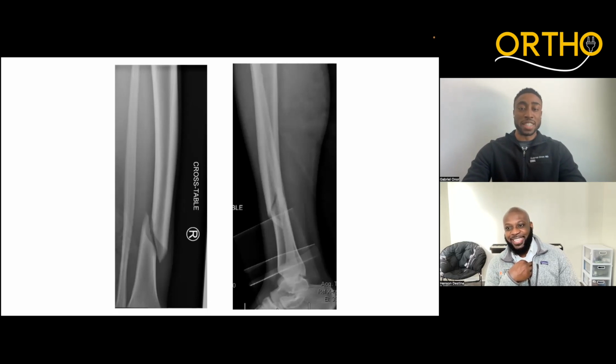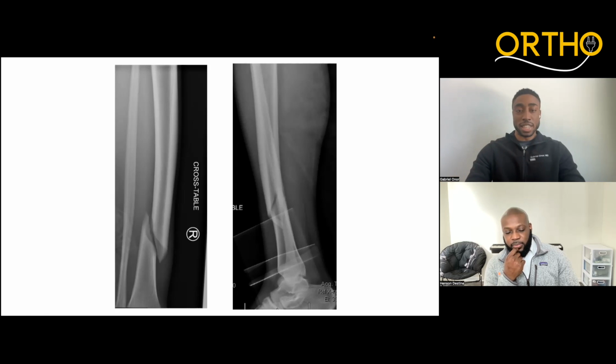You start out by saying, so this is an AP and lateral of, and then you figure out which bone it is, of the distal fibula and tibia in a skeletally mature individual. By the time you've said all those words, you can stall, because that's the standard sequence of words that you're going to use while you figure out what's going on the screen.